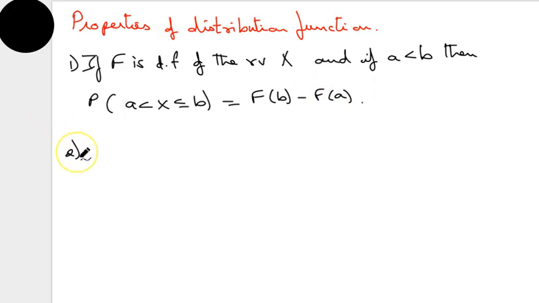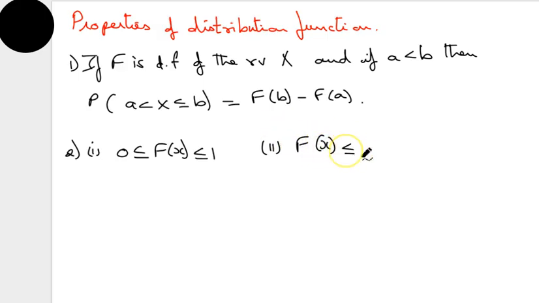The second property: if F is a distribution function of X, then number 1, 0 less than or equal to F of x less than or equal to 1. It should lie in the interval 0 to 1. The second one, F of x is less than or equal to F of y if x is strictly less than y.